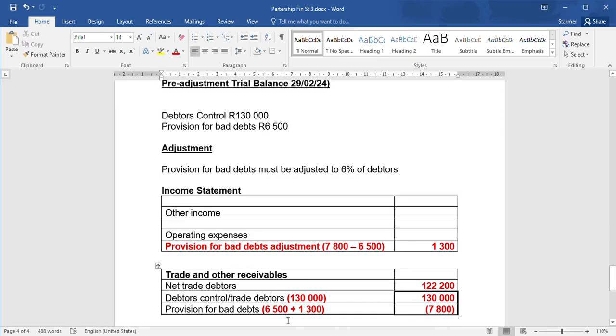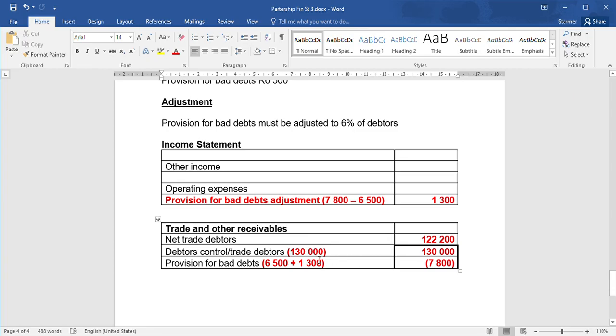If you look here, we've got 6,500, we want 7,800, so we need to increase it by 1,300. If you increase provision for bad debts, that's going to be an expense. If we were decreasing provision for bad debts, then instead of writing that here, that would become an income.